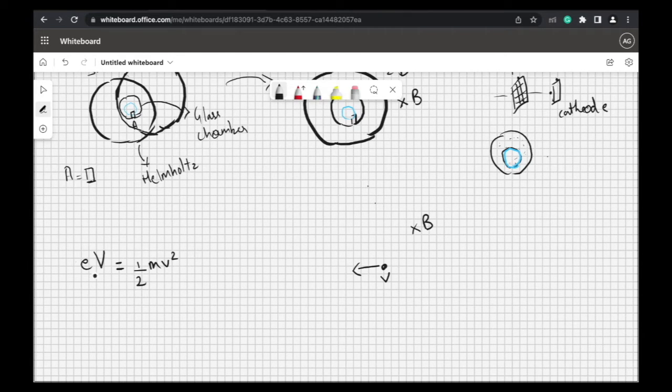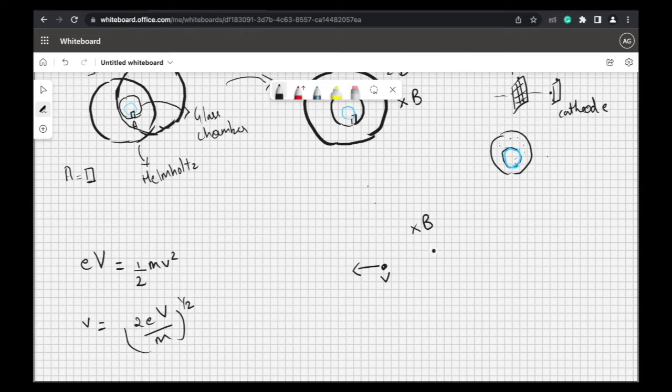When it goes from higher to lower potential, the potential energy is converted into kinetic energy. So the velocity of the electron is given by (2eV/m) to the power 1/2.